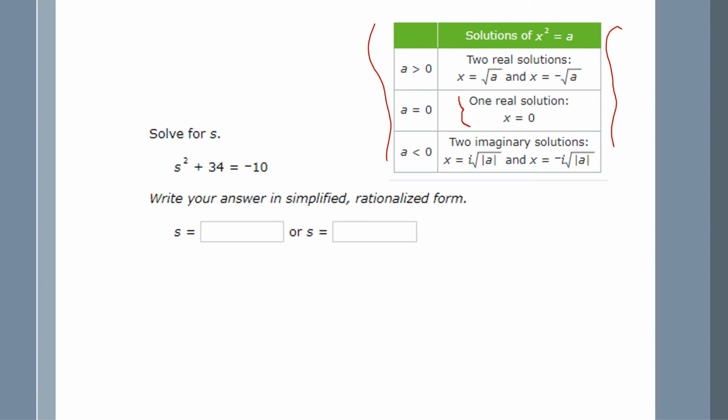I want you to see the connections of why some graphs, when you graph them, give you one solution, or they're going to give you two real number solutions, meaning that it crosses the axis.